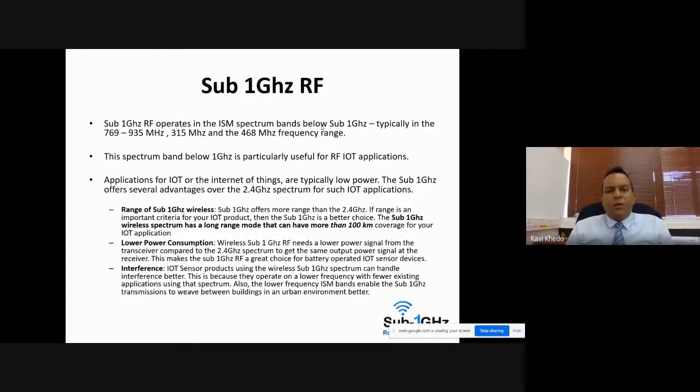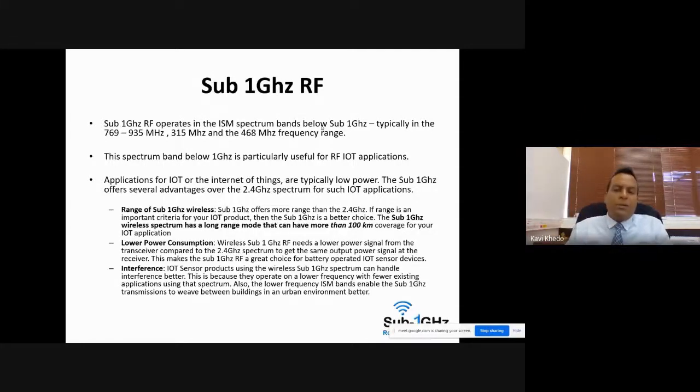So here, what are we talking about? We're talking about sub 1 gigahertz RF, that is lower frequency signals. So obviously what we get with it is longer distances, and data rate is not an issue for us because we are talking about IoT. IoT does not have a large volume of data, a small amount of data, but very frequently.